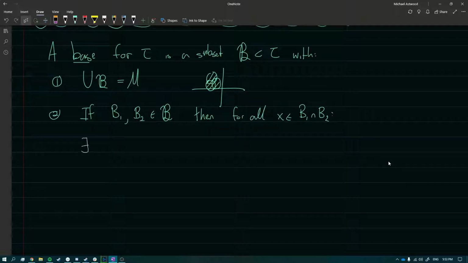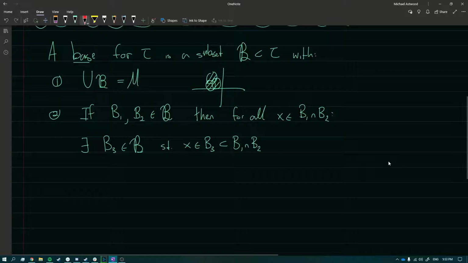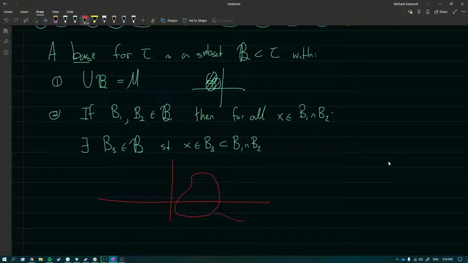There exists some B3 in the base of the topology, such that x is in B3 and B3 is completely contained within the intersection B1 intersect B2. So this is saying that if you have two open sets and you take their intersection and you put an element in there, then there's got to be some third basic open set in that intersection.